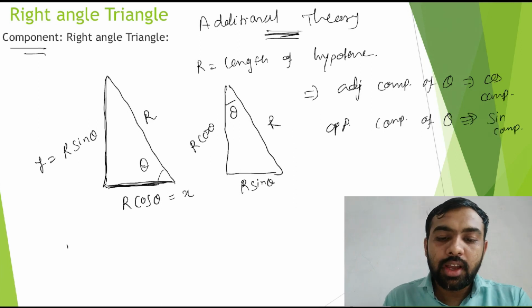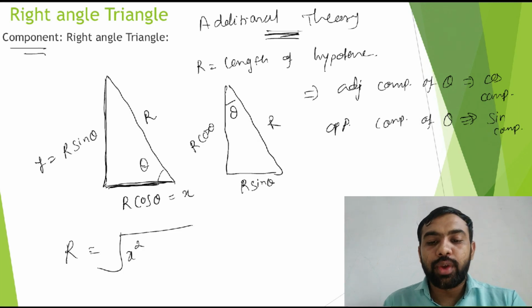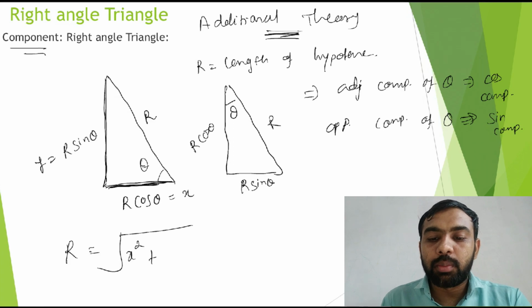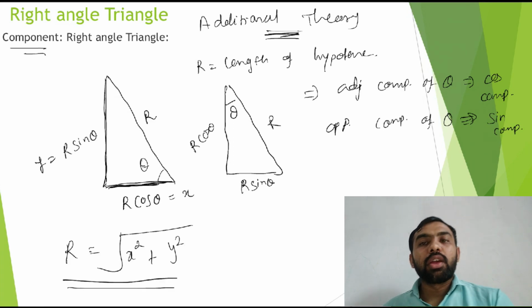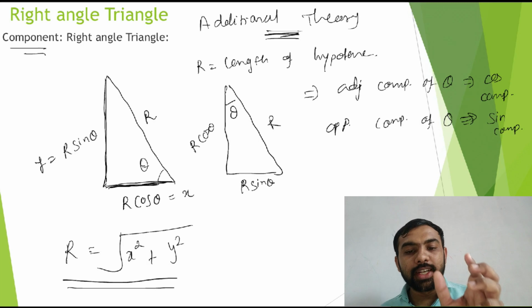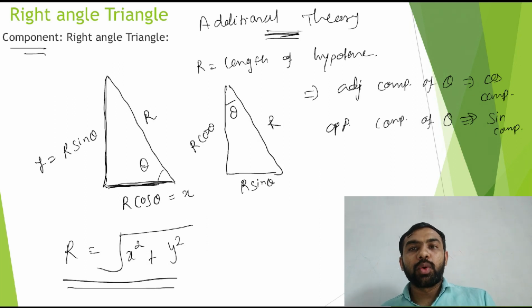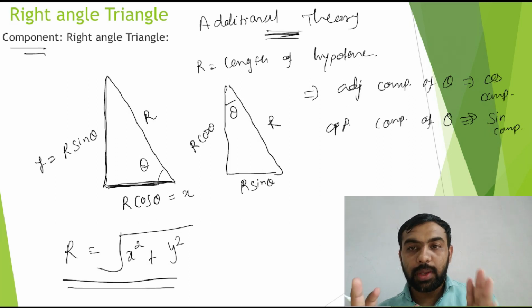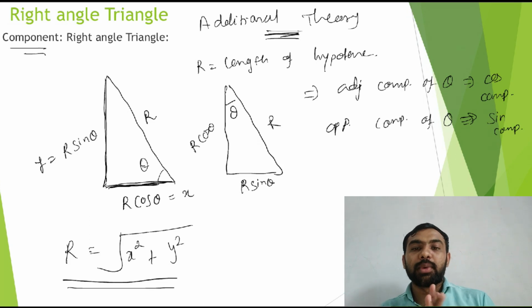And here r is equal to under root adjacent component square plus opposite component square, by using the Pythagoras rule. What is the Pythagoras rule? Hypotenuse is equal to under root adjacent square plus opposite square. So you must remember this theory because we use it in examples.